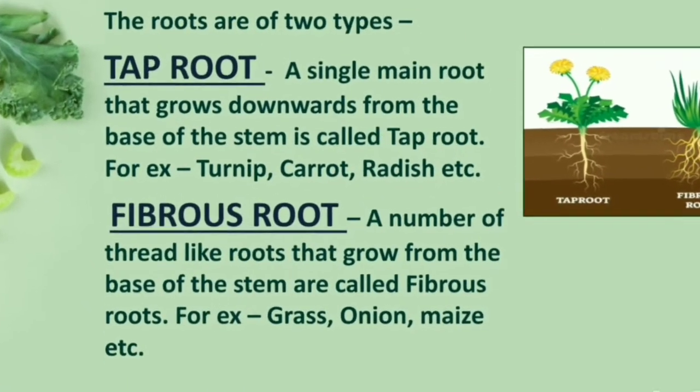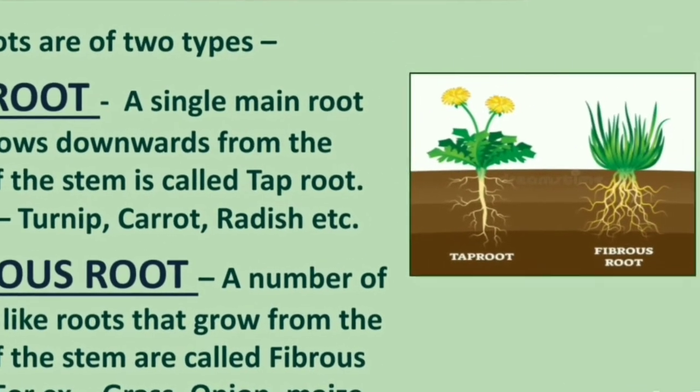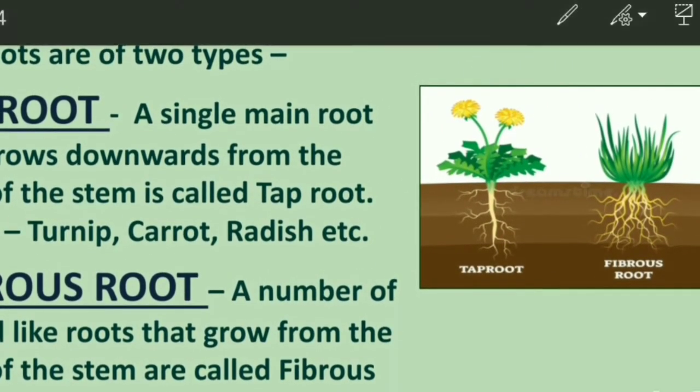Now in this picture you can see, this is the taproot and this is the fibrous root. Now taproot has the one main single root. In this picture you can see taproot is having a single main root and many branches are coming out of it. These are the branches. So this type of root is known as taproot.